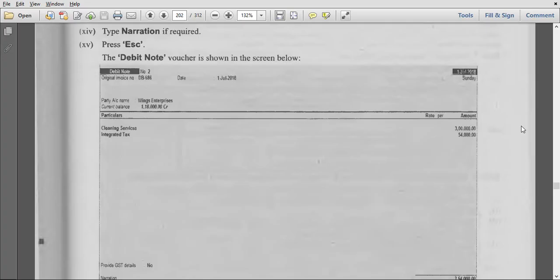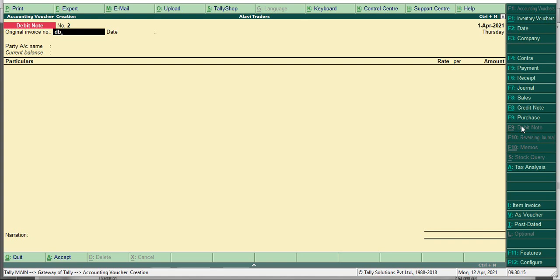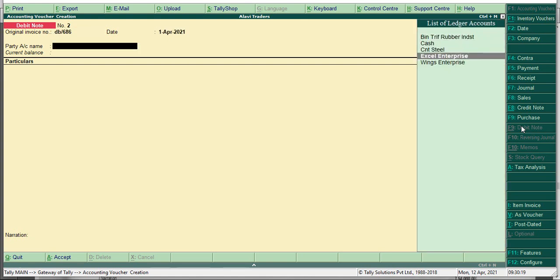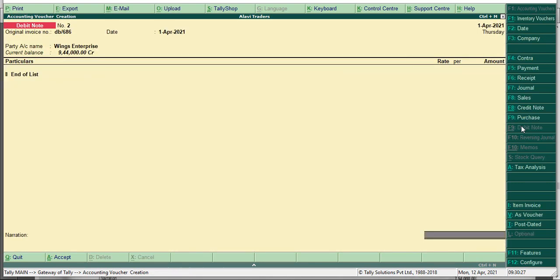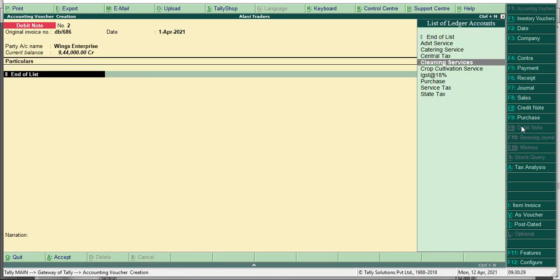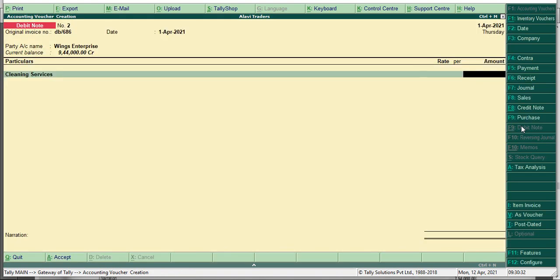Next we are returning some part of the services. That is DB/686 from Wings Enterprise. In these cleaning services we are cancelling 3 lakhs.